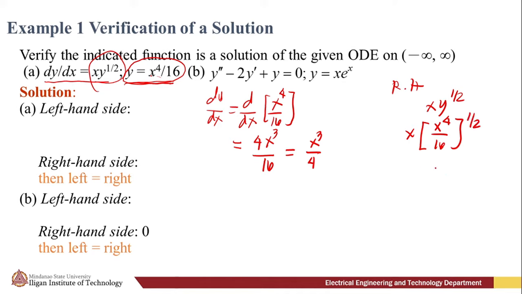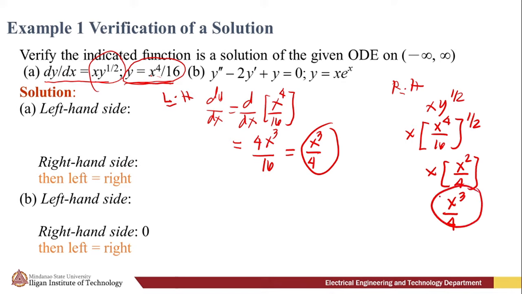Simplify natin ito, we'll get x times x squared over 4. So, multiply lang natin, we have x cubed over 4. So the right-hand side and the left-hand side of our equation equate, which is x cubed over 4. Hence, this function y equals x to the 4 over 16 is a solution for this given differential equation dy over dx equals x y raised to 1/2.